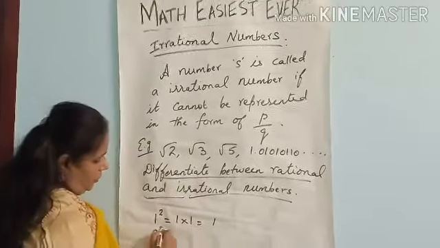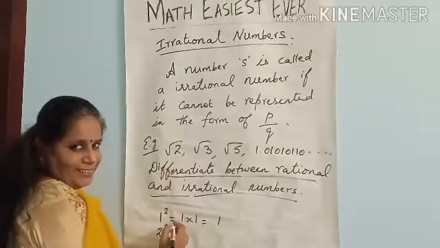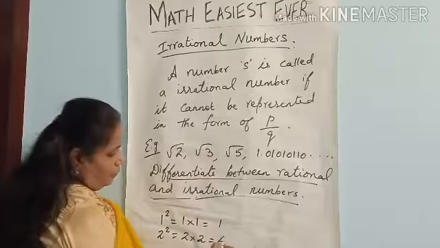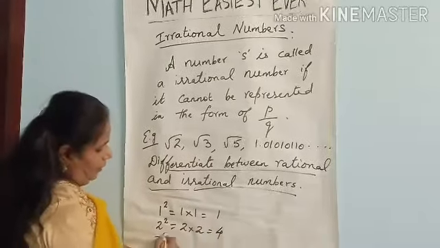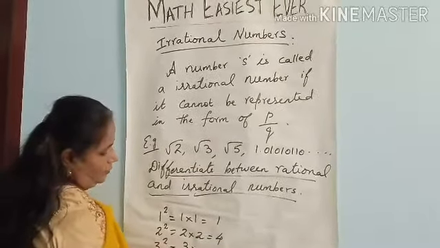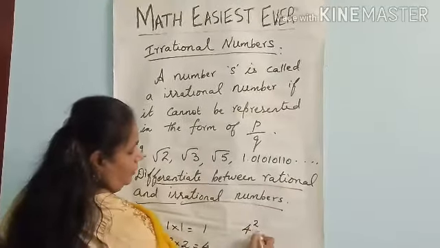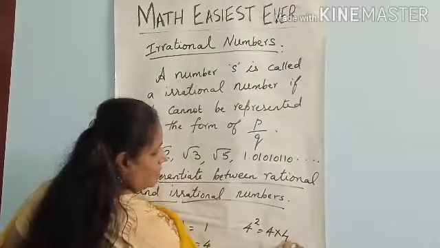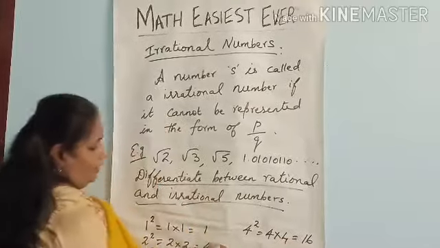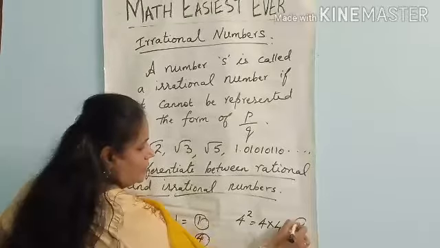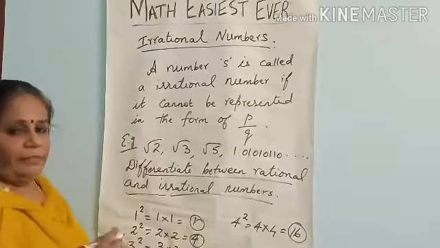What is 2 square? 2 into 2, that's 4. 3 square, 3 into 3, 9. 4 square, 4 into 4, 16. So, 1, 4, 9, 16 are perfect square numbers.